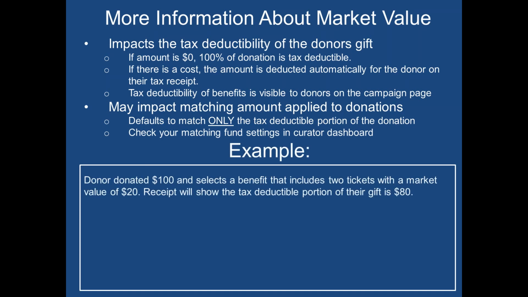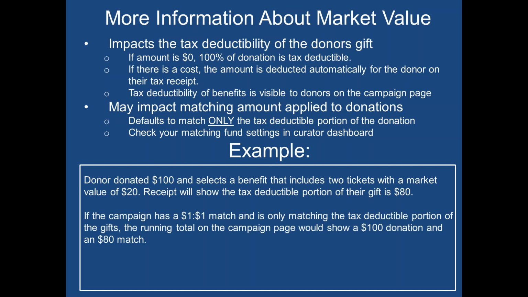So let's just look at a quick example. Let's say that a donor is donating $100 and selects a benefit that includes 2 tickets with a market value of $20. So their receipt will show the tax deductible portion of their gift is $80 because they donated $100, they received tickets that were worth $20, and so the tax deductible portion of their gift is $80.